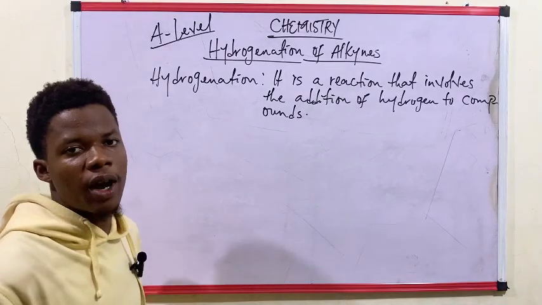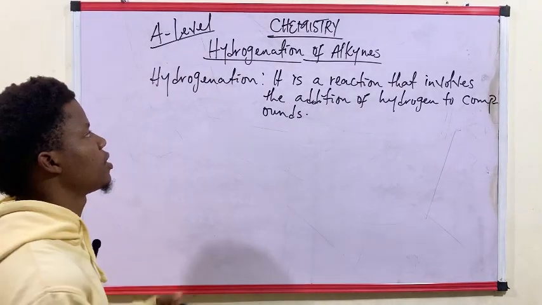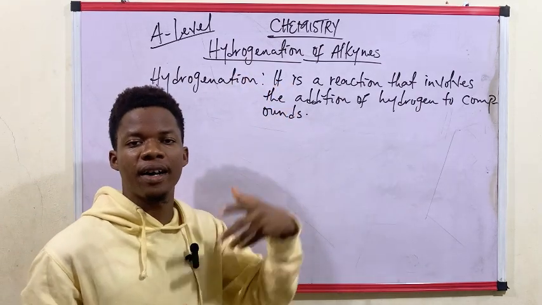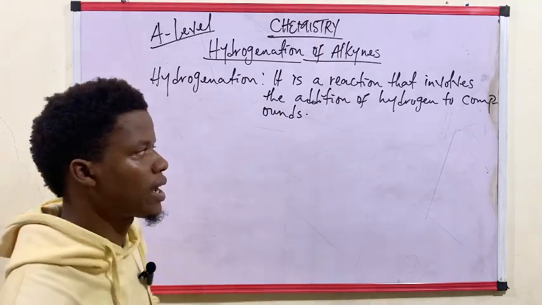All right, so hydrogenation involves the addition of hydrogen to compounds. That is hydrogenation. So now we are talking about hydrogenation of alkynes. That simply means we are adding what? Hydrogen to get what? Alkynes.